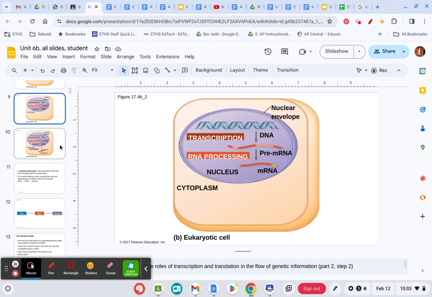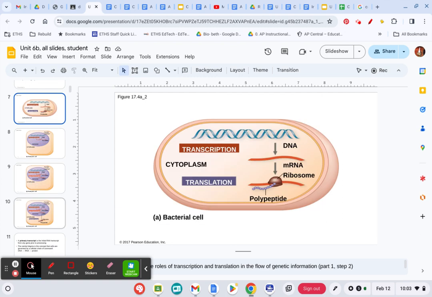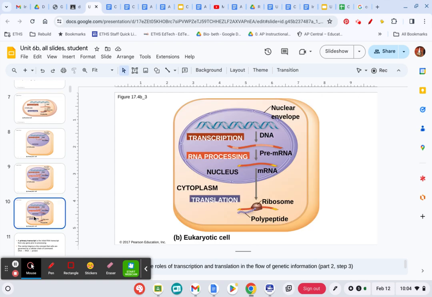In eukaryotic cells, you have a nucleus. So the first thing that's going to happen is this transcription. So let me go back up to the last one because you don't have it. So this is in a bacteria cell. And there's just a cytoplasm. There's no nucleus. So transcription and translation happen one right after the other. But when you get to eukaryotic cells, transcription happens.